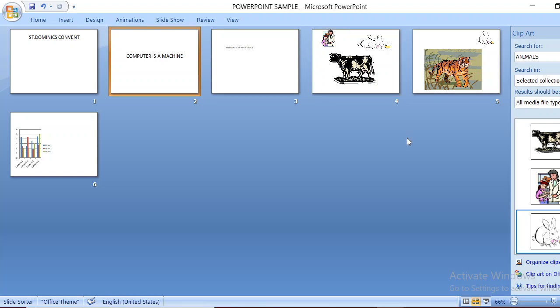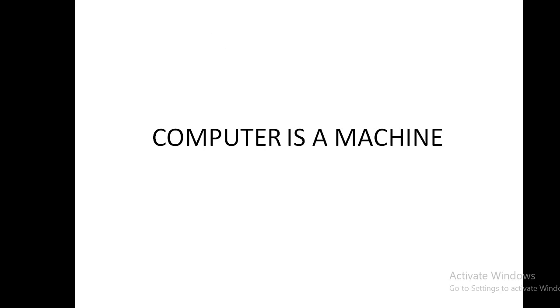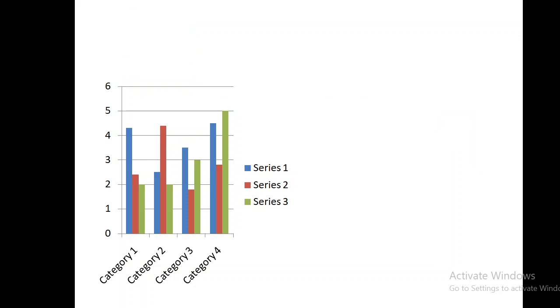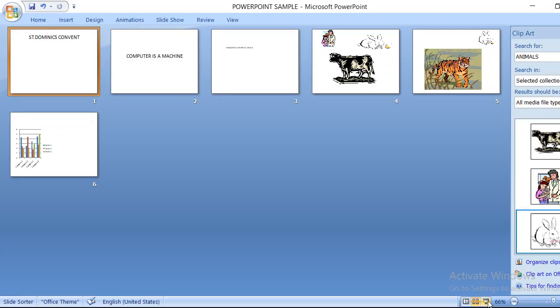This view is called slide sorter view. And next view is slide show view. What do you mean by that? Slideshow view means one slide will display in a full screen. Only one slide will display. Okay, then now the second slide comes, third slide, fourth slide, fifth slide, sixth, now over.